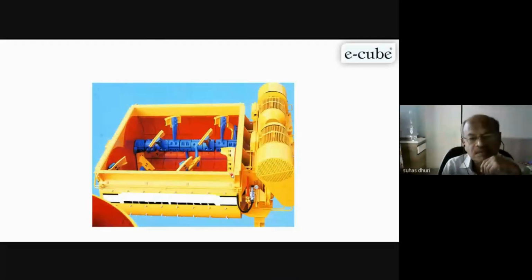Mixing time here is less than the pan mixer, but mixing efficiency is far better. These blades are replaceable. Sometimes blades are broken, or they lose their shape and sharpness, and then mixing efficiency will be reduced. So regular inspection of this mixer is required.